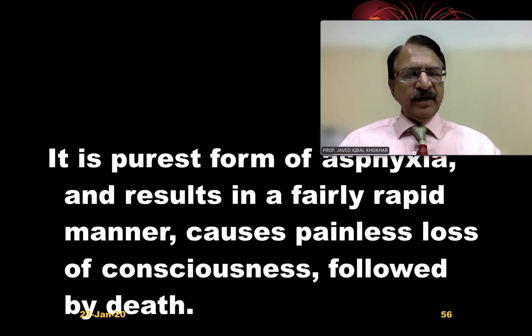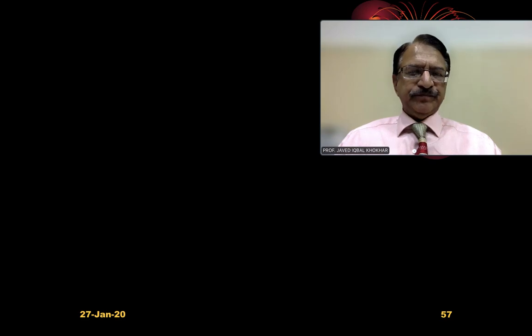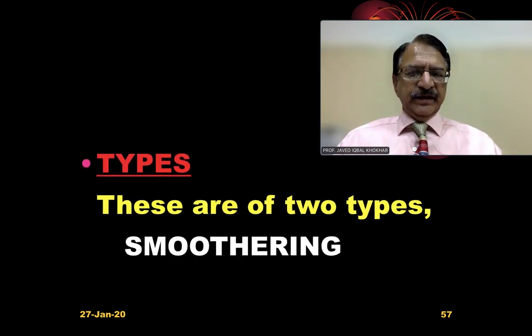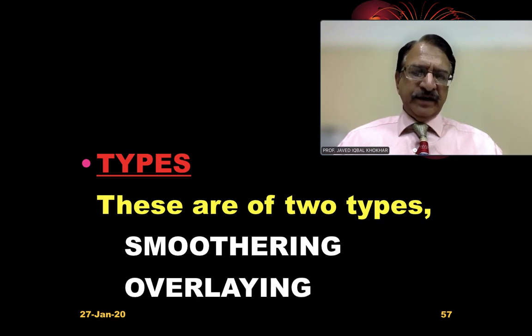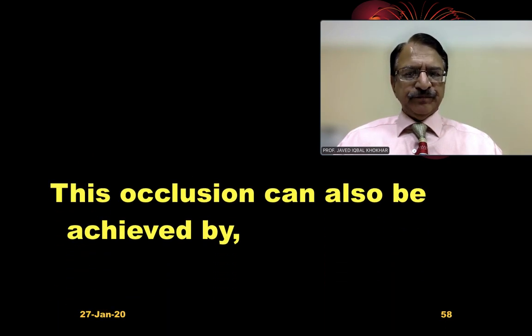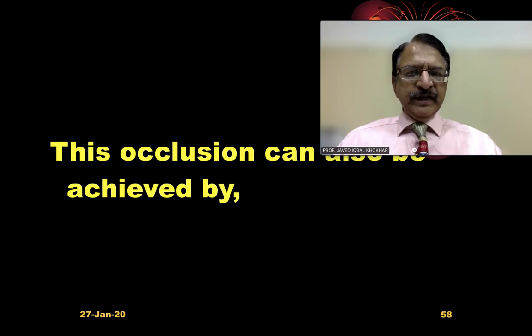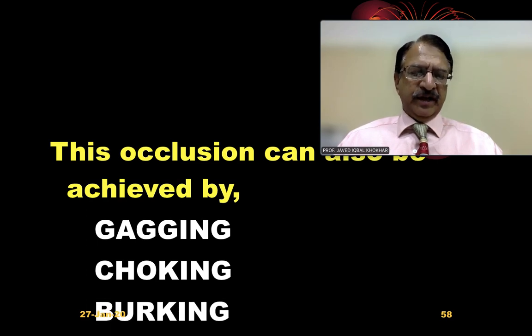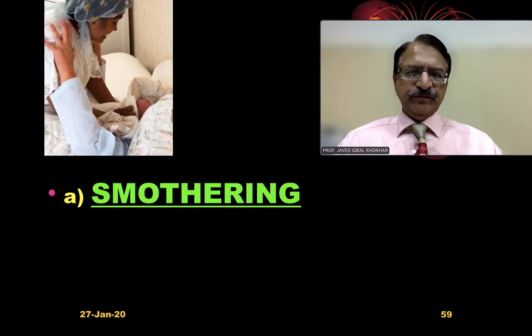The person becomes immediately powerless and unconscious, which is followed by death. The types are smothering and overlaying. This occlusion can be achieved by gagging, by choking, and by burking. Burking is another phenomenon I'll discuss.